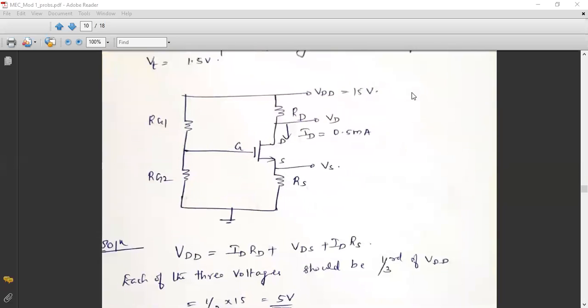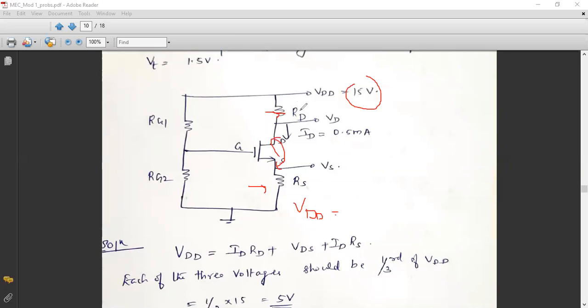Now coming to the solution. Since VD and VS are not given to you, you have to assume that this 15 volt is dividing equally among RD, RS and across DS. How can you write the equation for VDD?